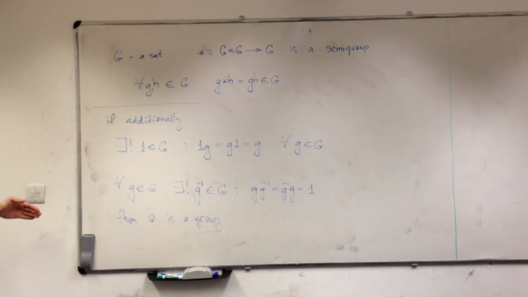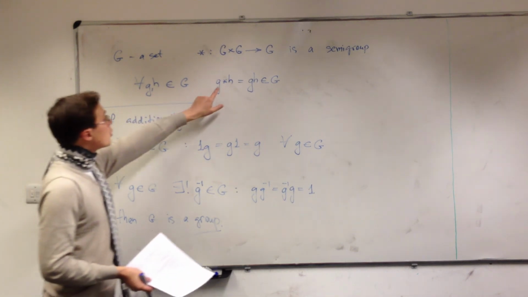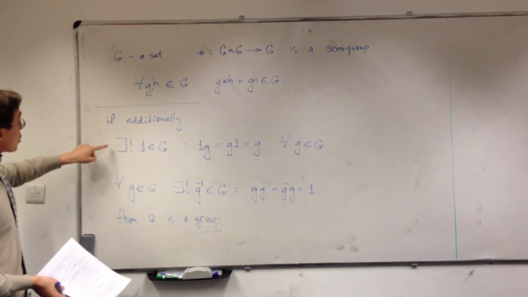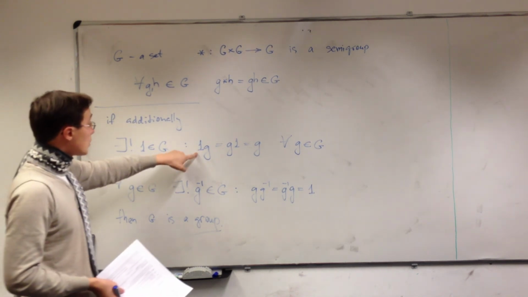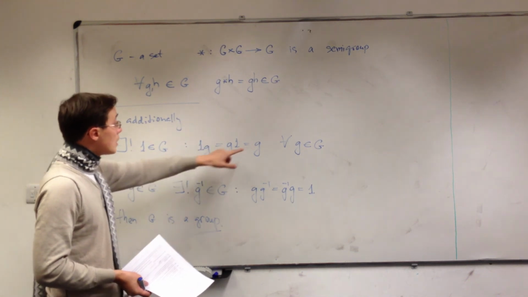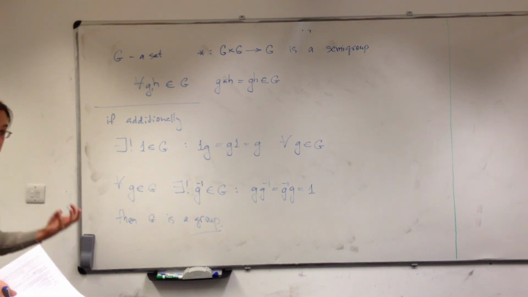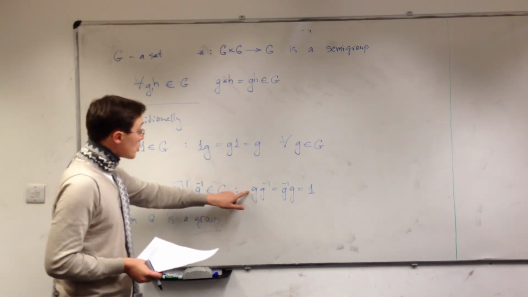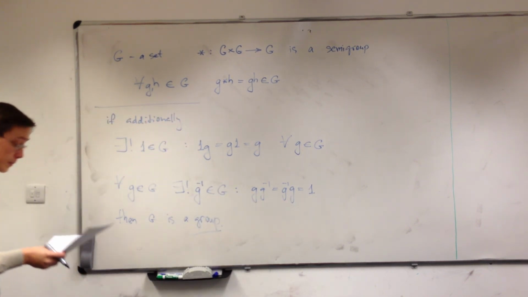So the three criteria, which we will be testing again and again today, are: there should be a binary product mapping two elements of G into another element of G; there should be a unit element in G such that under that product, that unit element times anything else returns that same thing; and there should also be, for every element in G, the so-called inverse, such that when g is multiplied into its inverse, it returns the unit element.